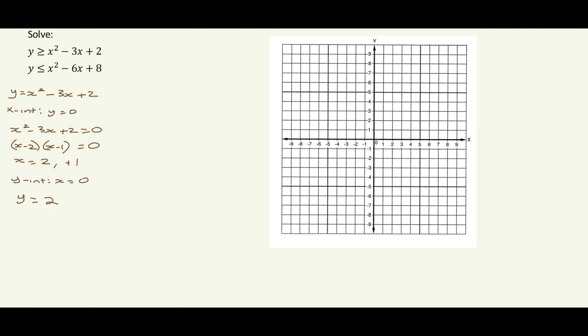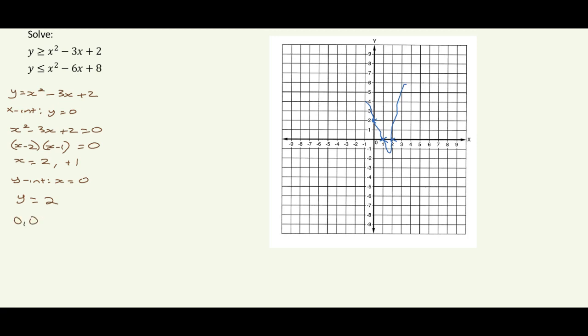So let's put this on the graph. We have x equal to 2. x is also equal to 1. And then y equal to 2. So what we have here is a graph that looks like this. And then we use our origin test.